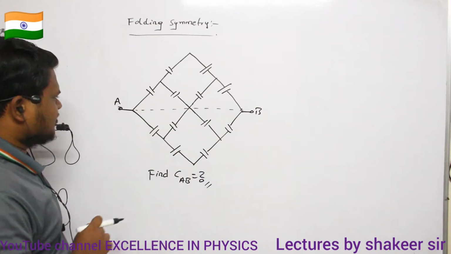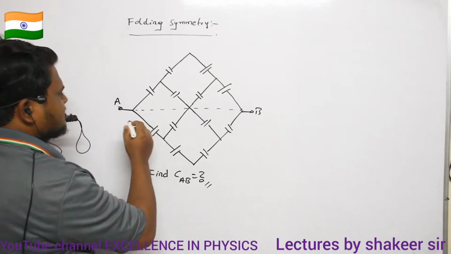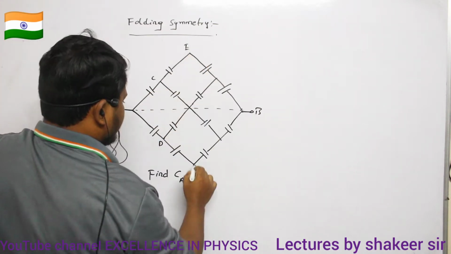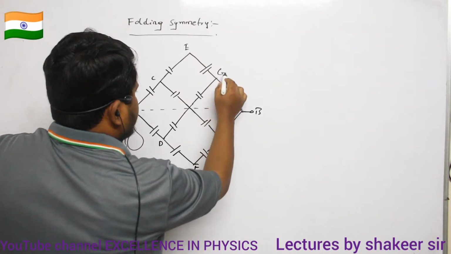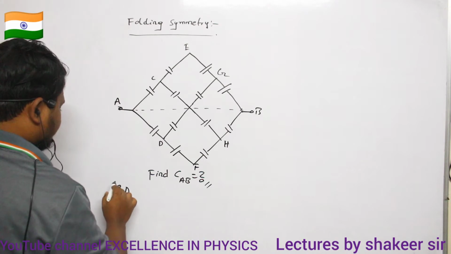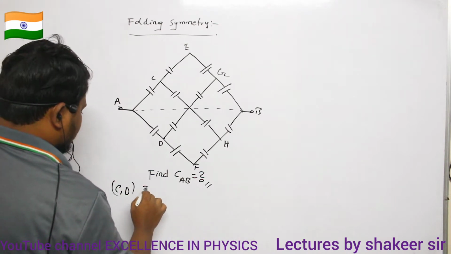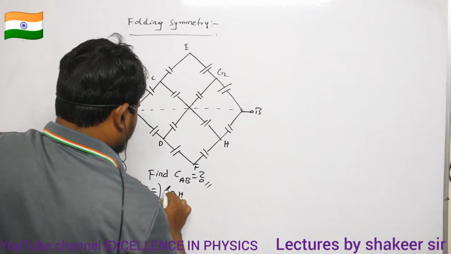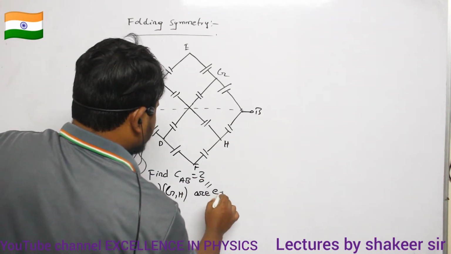Clear? And definitely I can say, if I name these points as A, B, C, D, E, F and G and H, can I say that C comma D and E comma F and G comma H are equipotential points?